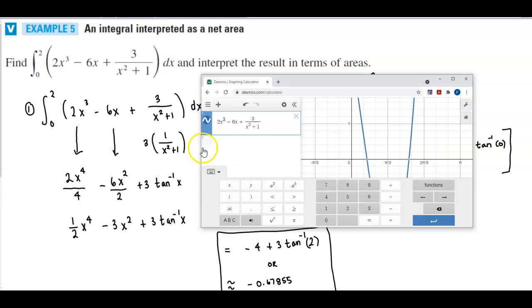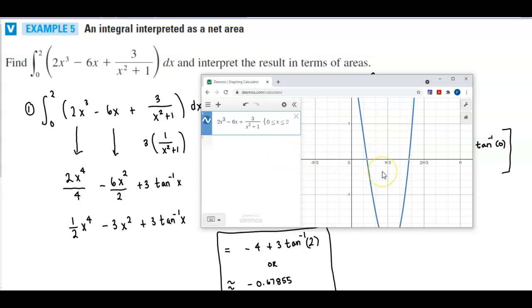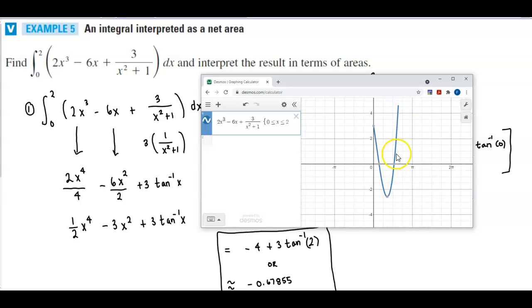There's our function, but we know it's going from 0 to 2, so let's put in that restriction. Our lower limit is 0, and then it's going to 2. So therefore, here is our graph.